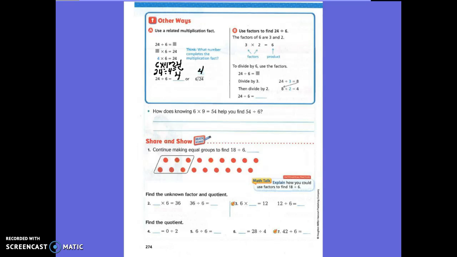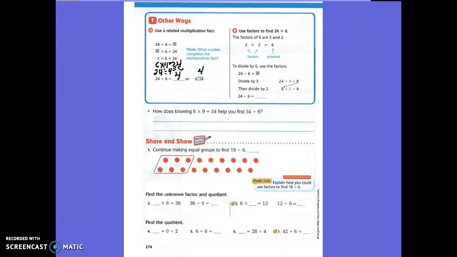The factors of 6 are 3 and 2. So it's like the distributive property, breaking apart 6, which is 3 times 2. So to divide by 6, use the factors 3 and 2. So you could do 24 divided by 3, which equals 8.